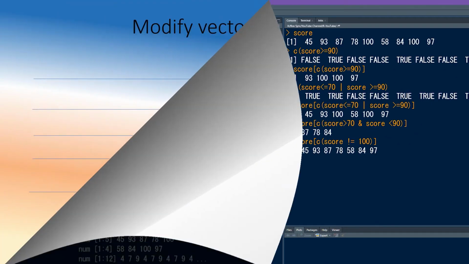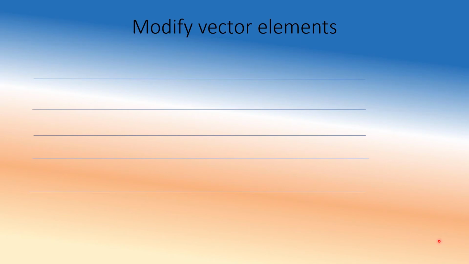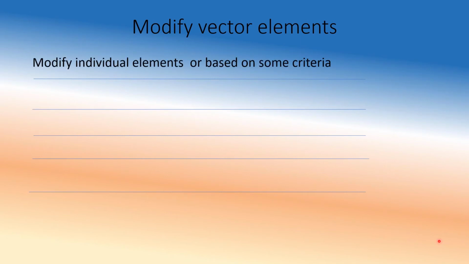How do you modify vector elements? Well, if you can get the elements, you can also modify them the same way. And here are some examples with our original vector.